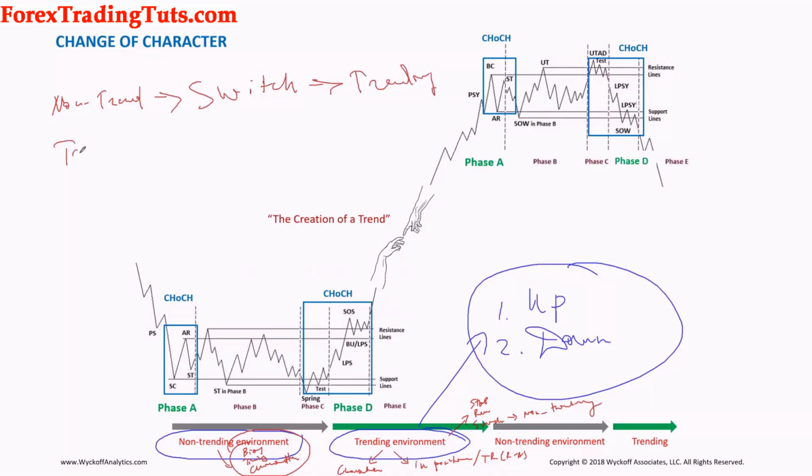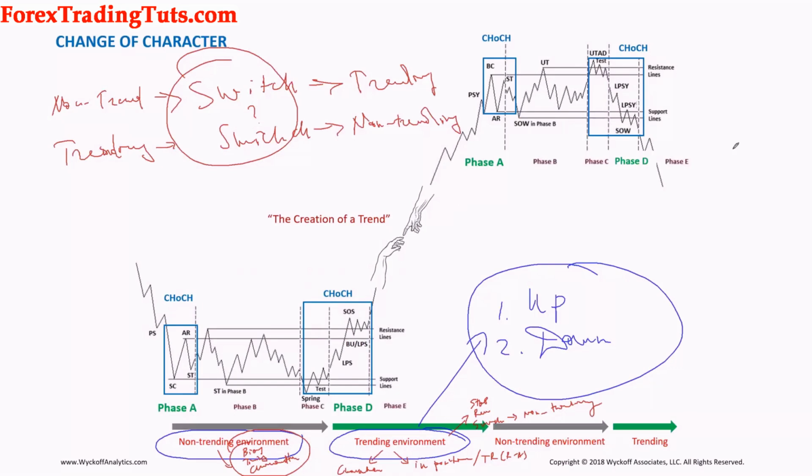We want to do this in reverse as well. From a trending environment, we want to identify the switch that will give us an understanding that we are going into now a non-trending environment. So what is this switch? How would it look, and how would we see it?